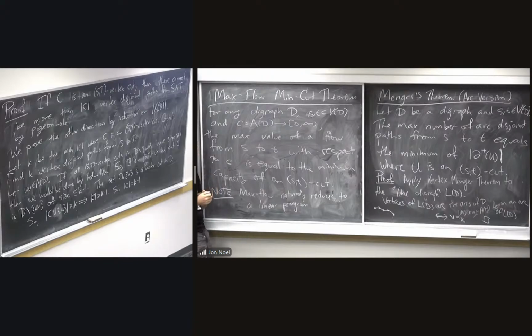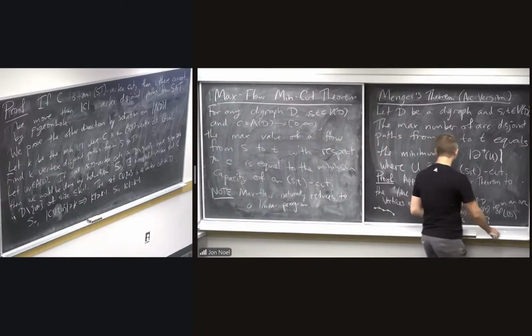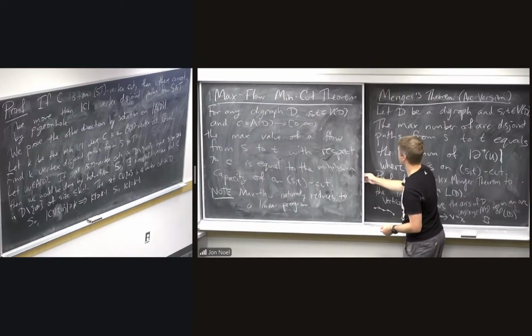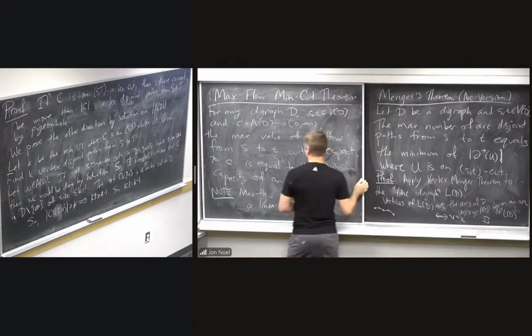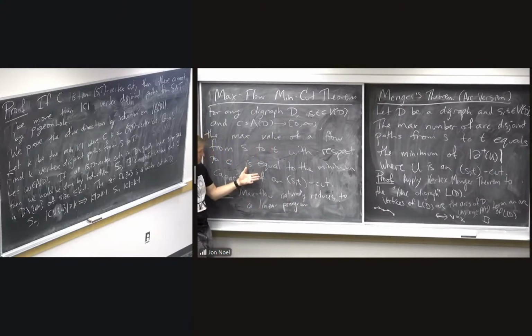Maybe I don't have time for this, because I have to first prove that the max flow is at most the min cut. That's a fairly basic thing, but maybe we'll talk about this next time.